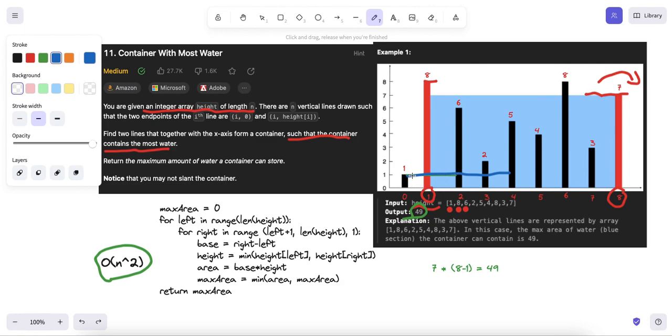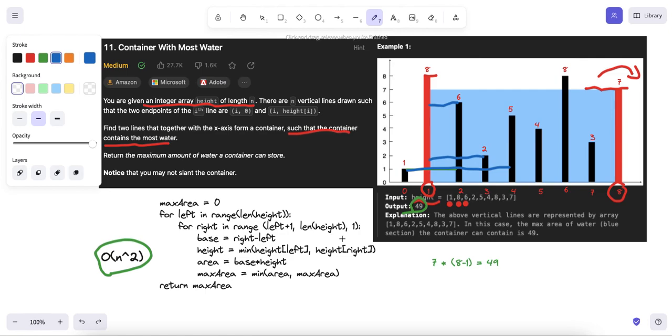After doing this for all of the rectangles having the line at index 0 as its left side, we would do the same for the line at index 1, calculating first the area of the rectangle formed between line 1 and line 2, then that between line 1 and line 3, and so on. After doing this, we would come out with the rectangle with the greatest area.